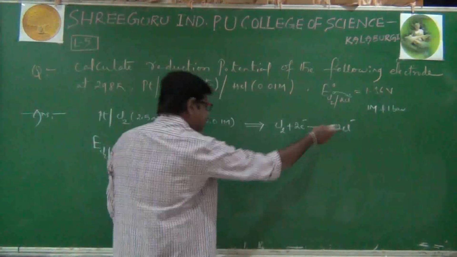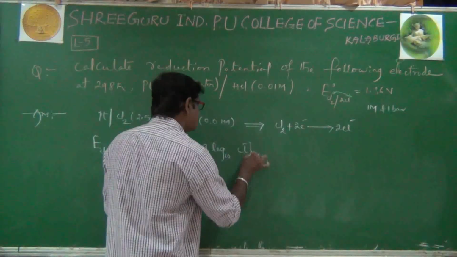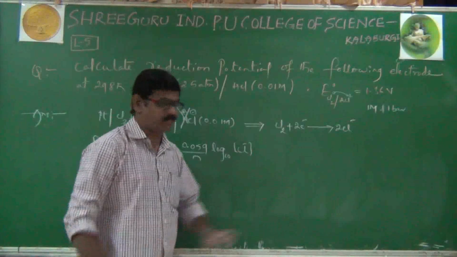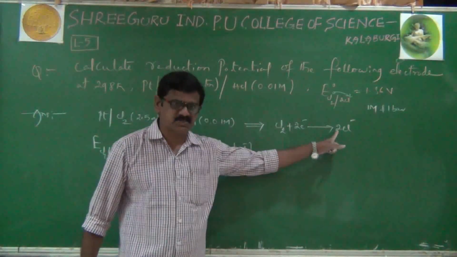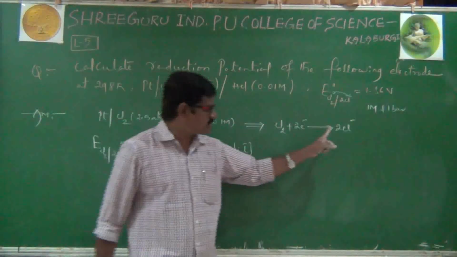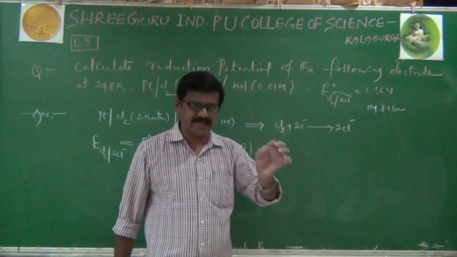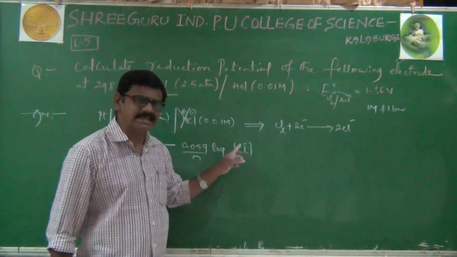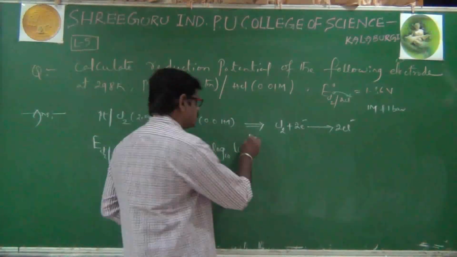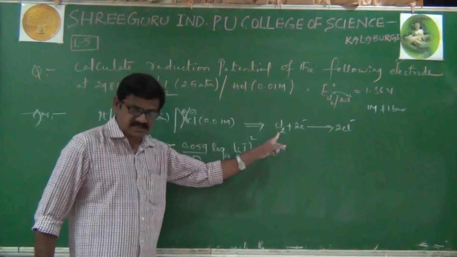Here the reduced state is nothing but Cl minus. Therefore, Cl minus, and here the stoichiometric coefficient is 2. When we are writing the concentration term, whatever the stoichiometric coefficient is, that coefficient we have to write as its power. Therefore, Cl minus squared, divided by the reactant, nothing but the oxidized state.